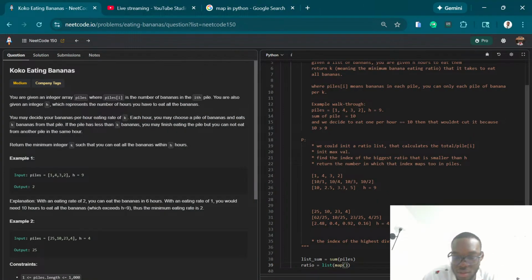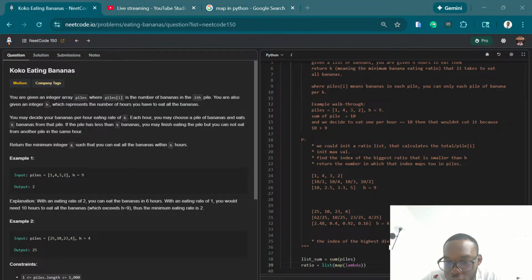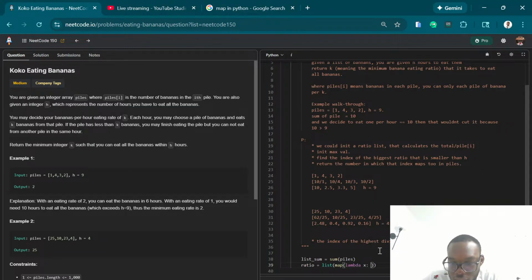So it'll be x, and then x would technically be some of the list sum.